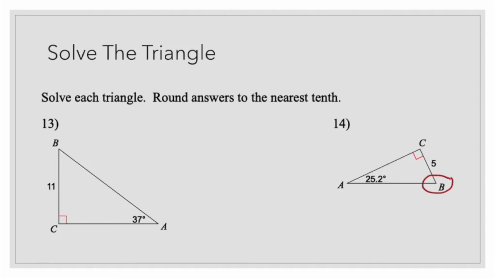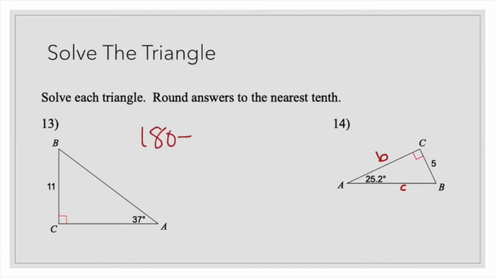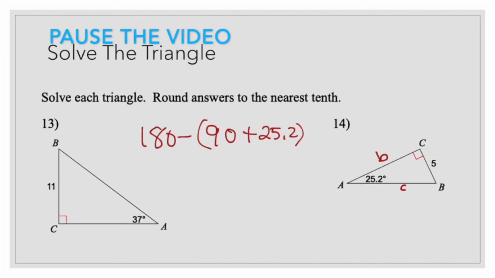We're missing angle B. We're also missing side B. And we're missing side C. We can find angle B because we know that they all add up to 180. 180 minus, we add the 90 and the 25.2, and we get 64.8. So angle B is 64.8.